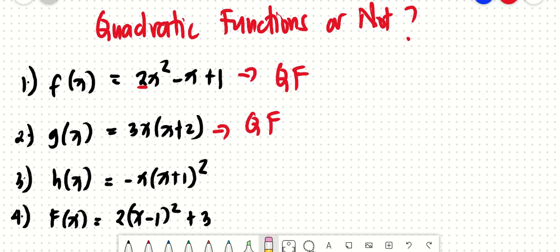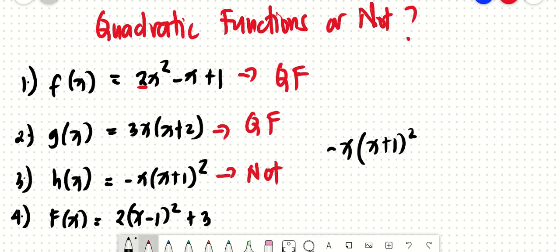Next, number 3. Identify natin. Observe, negative x times the quantity x plus 1 raised to 2. Is it quadratic or not? Very good, it's not. Sir, bakit po naging not? We need to expand x plus 1 raised to 2 bago i-multiply sa negative x.